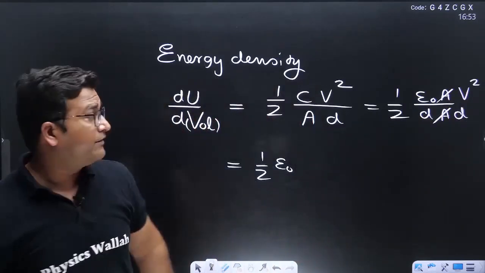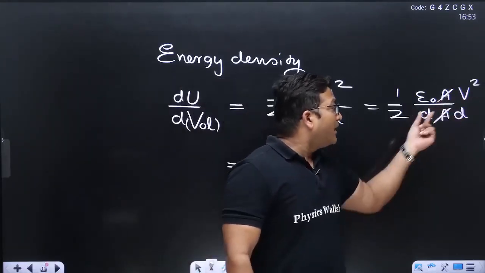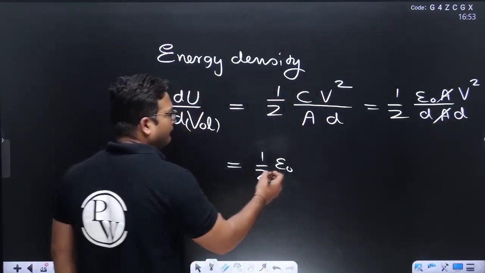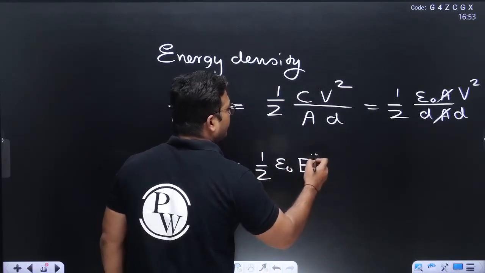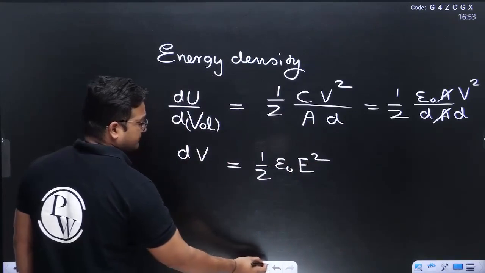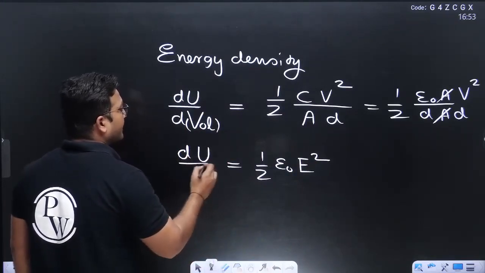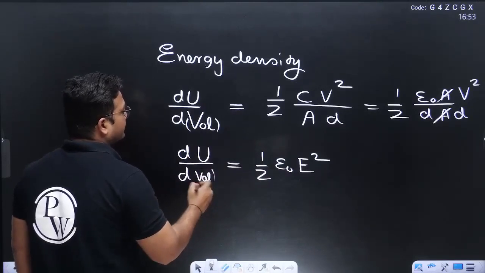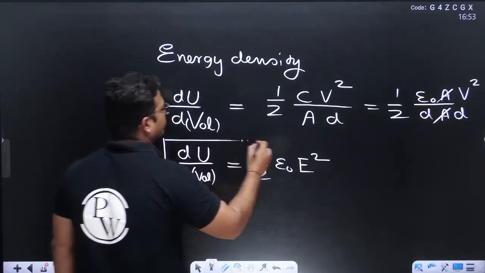V upon D is electric field. So V square upon D square is the square of the electric field. So we have half of epsilon naught E square. This is the general formula for energy stored per unit volume in an electrostatic field, or simply energy density.